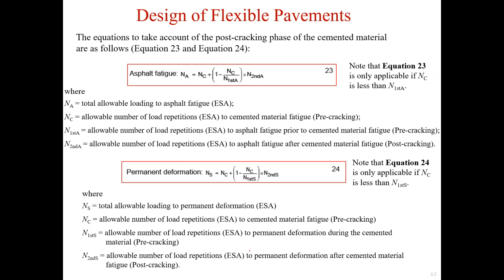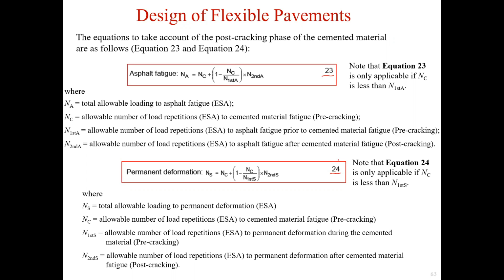The equations to consider the post-cracking of the cemented materials are equations 23 and 24. Equation 23 is asphalt fatigue, and the expression is shown here. NA is the total allowable loading for asphalt fatigue in ESA, and NC is the allowable loading for cemented material fatigue or pre-cracking.